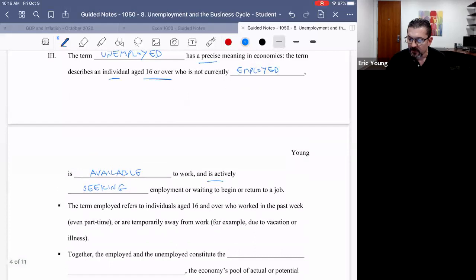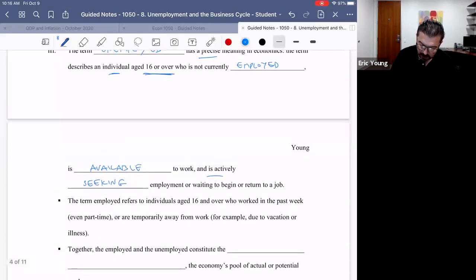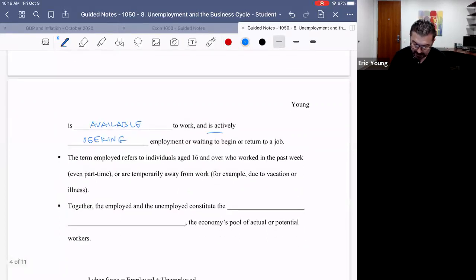So again, that's the age cutoff: not currently employed, doesn't have a job, but is available to work, wants a job, and is actively looking for a job. It's not enough to just not be working. The economic definition of unemployment implies both the lack of work, but also the desire and the willingness to work.